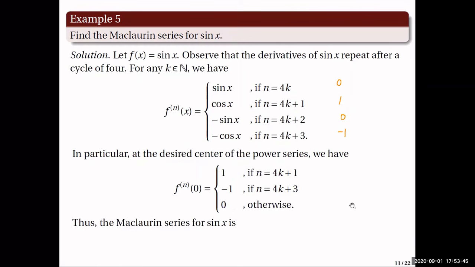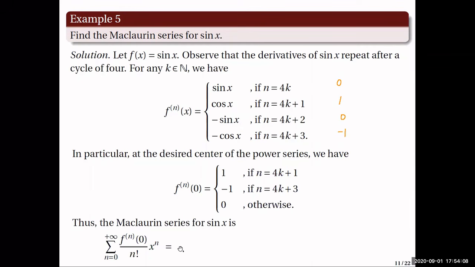Okay, and so the Maclaurin series for sine x is the summation from n equals 0 to infinity of fn of 0 over n factorial x to the n, which is equal to, okay, so starting from n equals 0, we get fn of 0 equals 0.